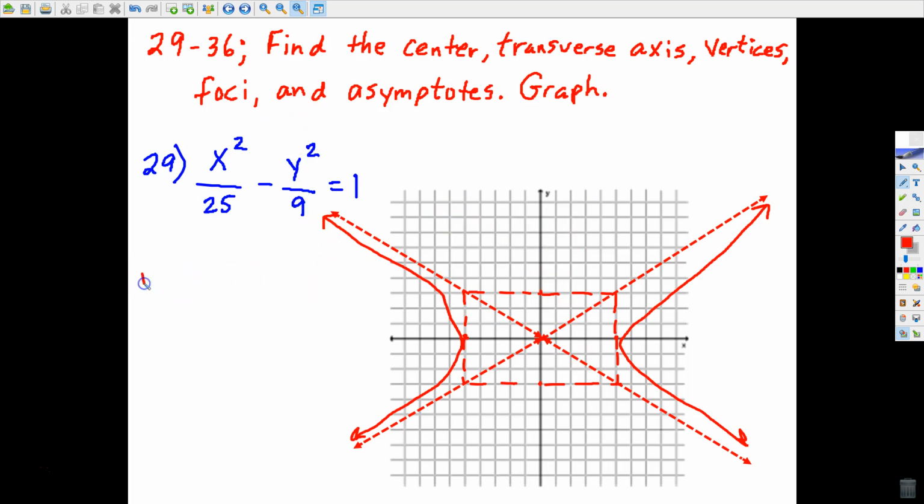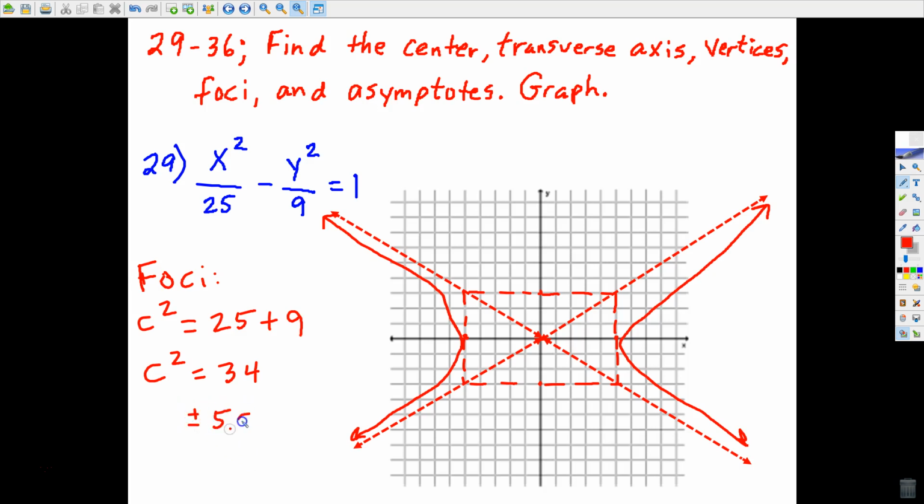Let's go ahead and do the foci, the focal points. C squared, that's how we get focal points, is equal to A squared plus B squared. So we need the square root of 34 plus and minus. So it's a little less than 6, right? Square root of 36 is 6, so let's just say 5.8.